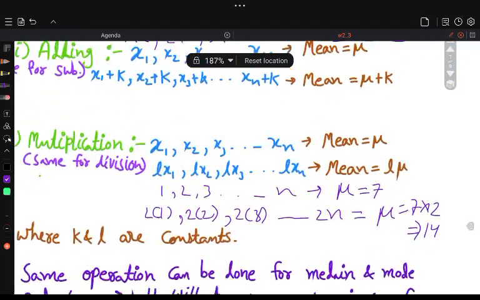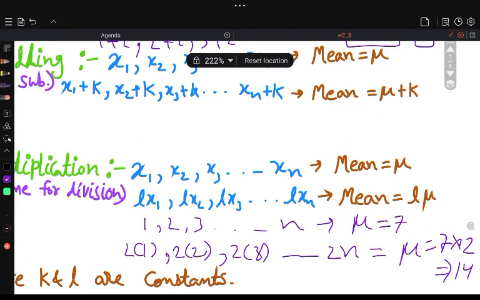For multiplication, if the same x1, x2, xn have mean mu, so 1, 2, 3 till n with mean 7, and we multiply each observation by a constant l, which can be 1, 2, 3, any number, or divide by this constant, it is the same for division. Let's see multiplication only.